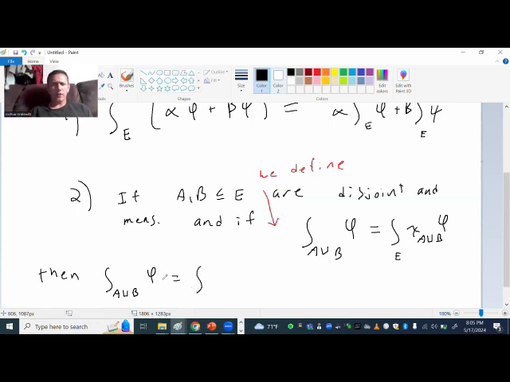Integration against a non-negative function will have all the properties of Lebesgue measure, which is really nice. So again, to be clear, by definition, I'm defining this as the characteristic function of A times this simple function, and the product of these two is certainly a simple function.